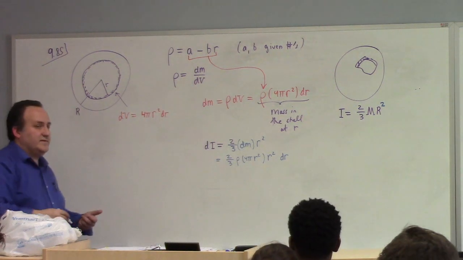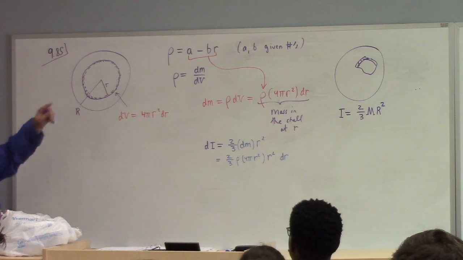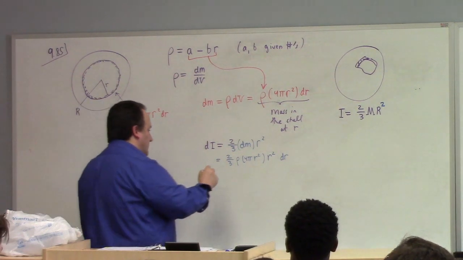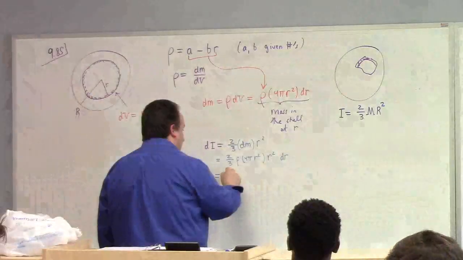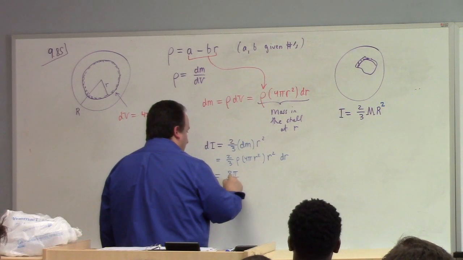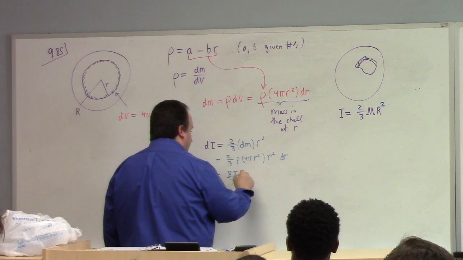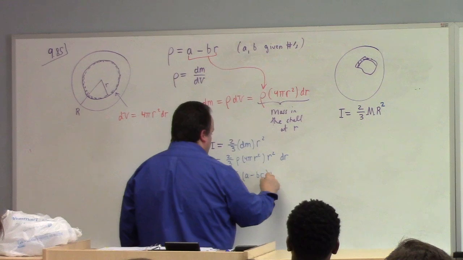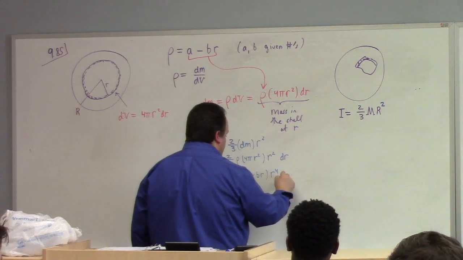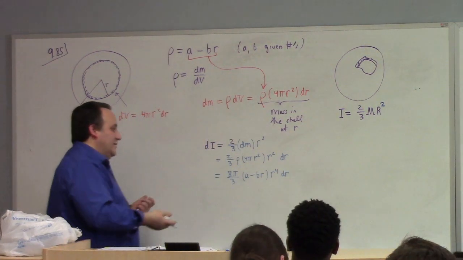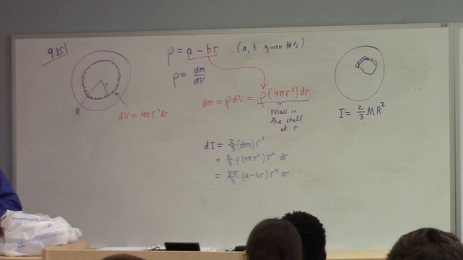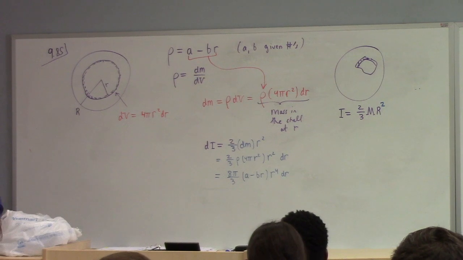And of course here rho is the a minus br I talked about at the start. So we've got something like 8 pi over 3 times a minus br times r to the power 4 dr. And then that's just the moment of inertia for one of the spherical shells as a function of the distance from the center.